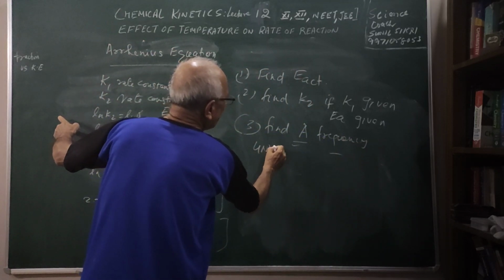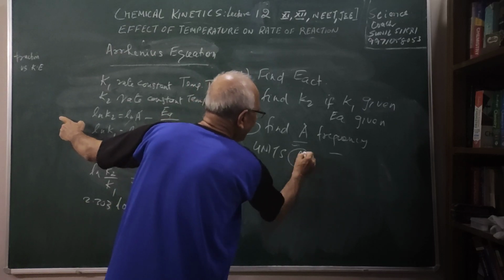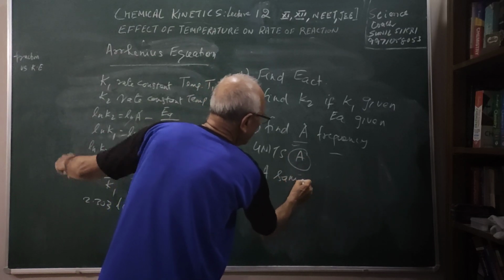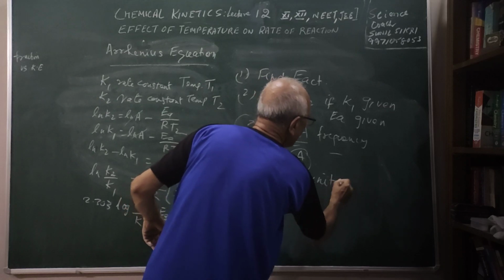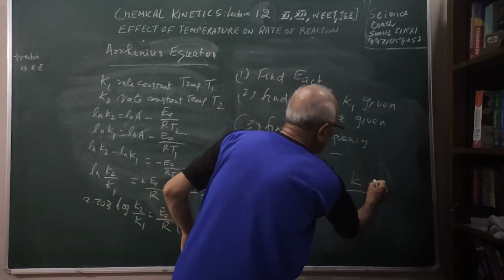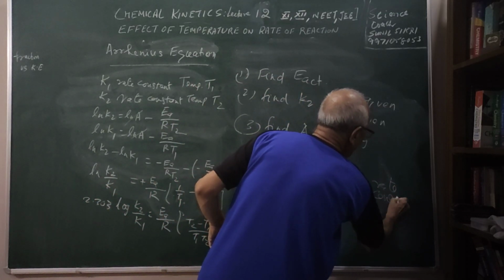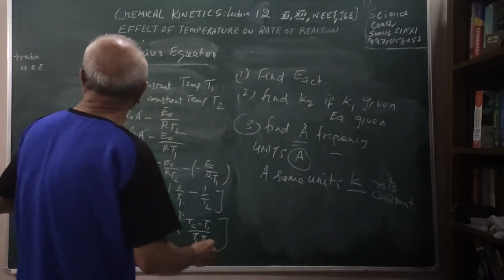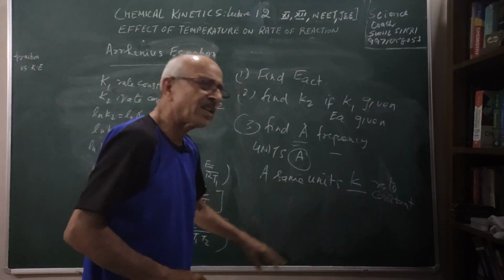What will be the units of A? A will have the same units as K, our rate constant, which depends on the order of reaction also. So both A and K have the same units.